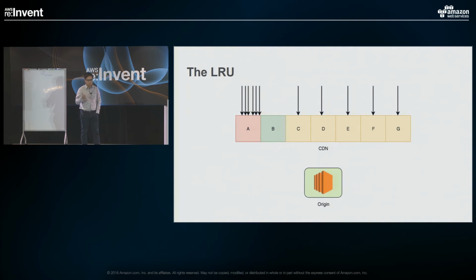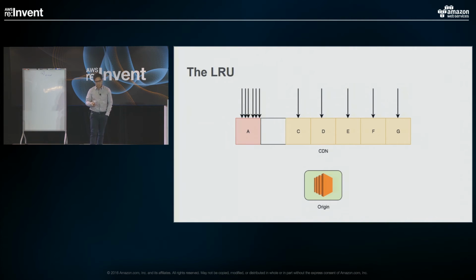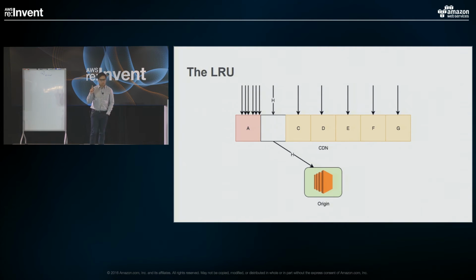And then B, it's cold because there's no request for B. After a low amount of time, B gets dropped off the cache. And let's say I get a request for H. H isn't in that reverse proxy, and therefore we incur the penalty of going down to the origin for element H. And the problem with this LRU is that we lose the predictability. We lose that predictability of knowing, across the 30 billion records, how fast each record is going to return.